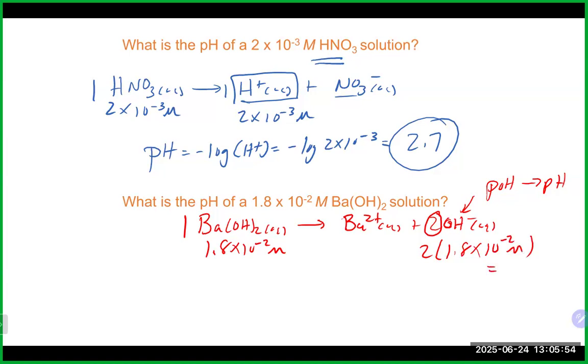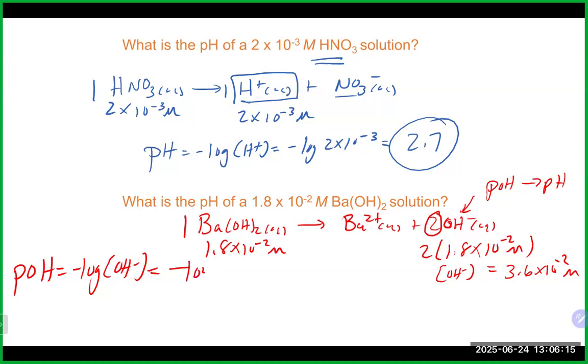If you do that, 1.8 times 10 to the minus 2 times 2, it's going to give you 3.6 times 10 to the minus 2 molar. That is our correct hydroxide concentration. So that will go into our pOH, which would be minus the log of the OH minus, minus log of 3.6 times 10 to the minus 2.